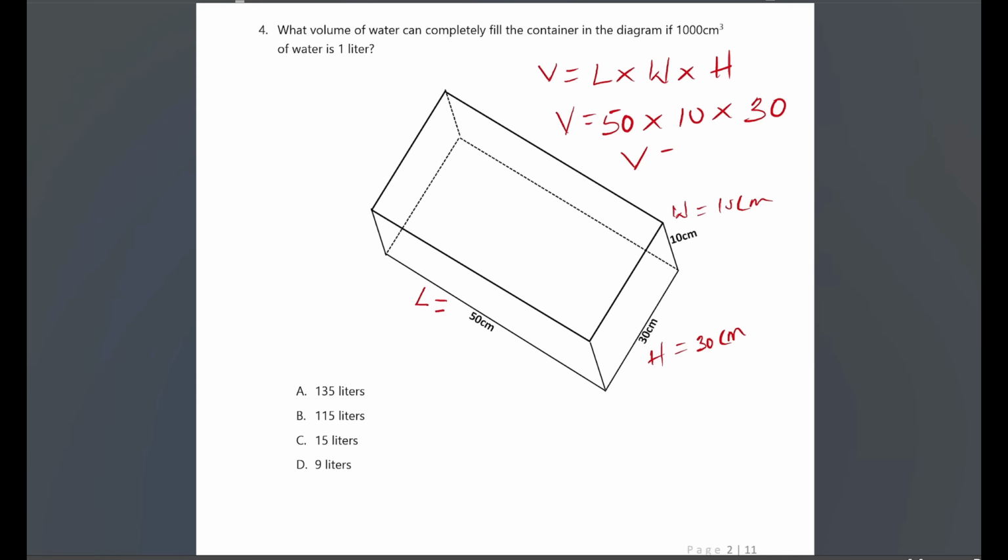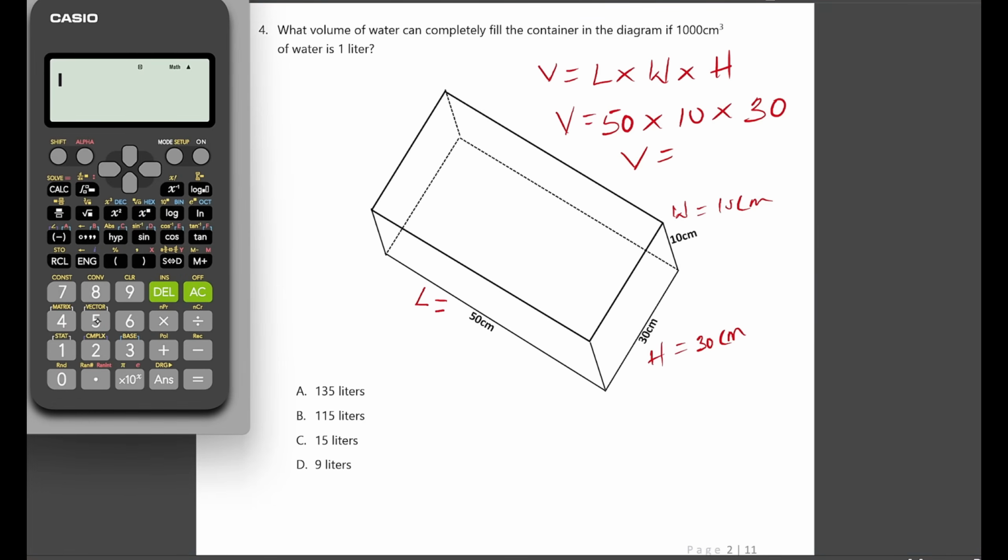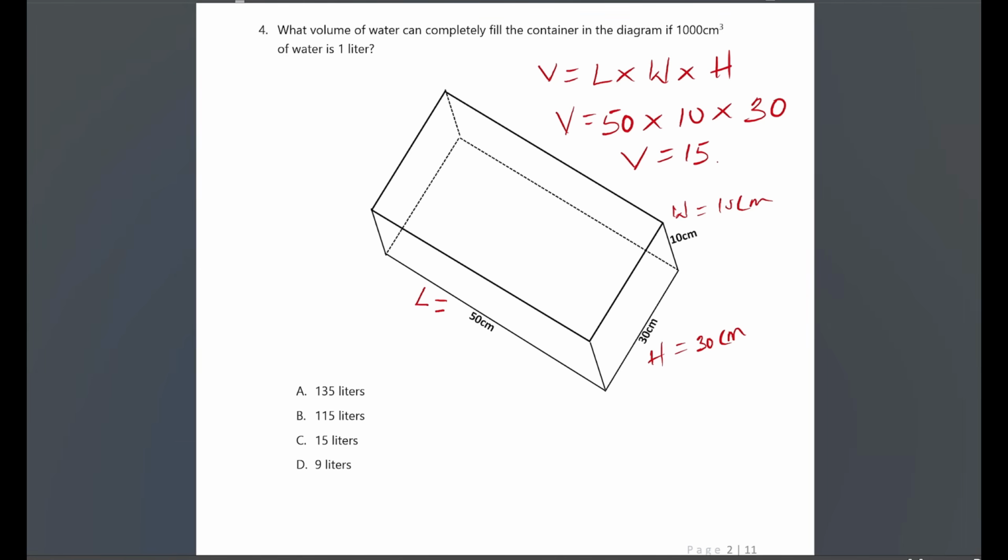So let's see the volume. 50 centimeters multiplied by 10 centimeters multiplied by 30 centimeters. We have 15,000 centimeters cube.